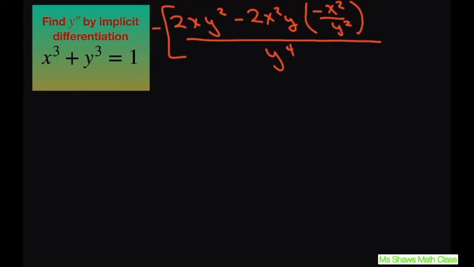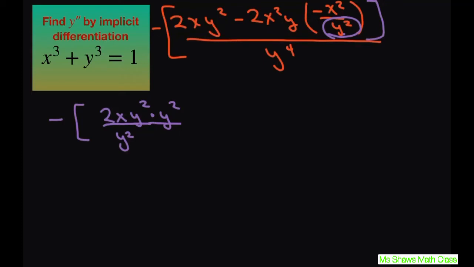All right. Now to get our common denominator, we have y squared as our common denominator. I'm going to keep this negative out here. 2xy squared with the y squared underneath, so I put a y squared here, and I have to also put a y squared here. And then just copy down this 2x squared y.